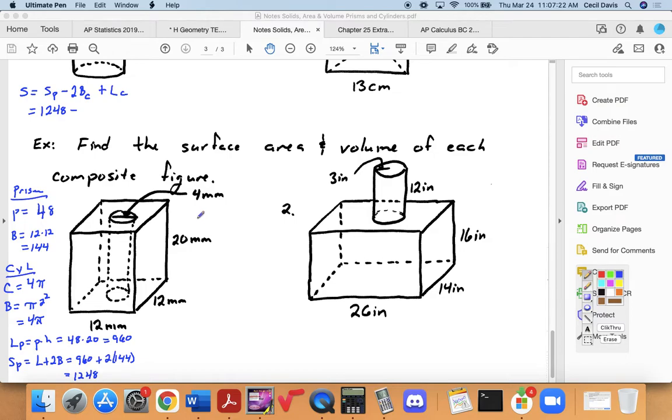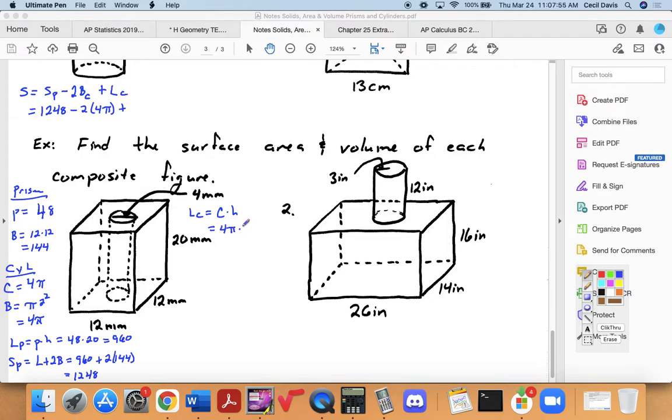Minus 2 times the base of the cylinder. Well, that's those two circles, right? Minus 2 times 4 pi, because we've got two circles. Plus, what else do I need to find out? The lateral area of the cylinder. The lateral area of the cylinder is going to be the circumference of the base times the height.